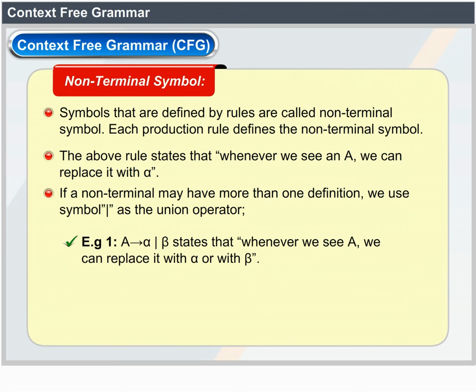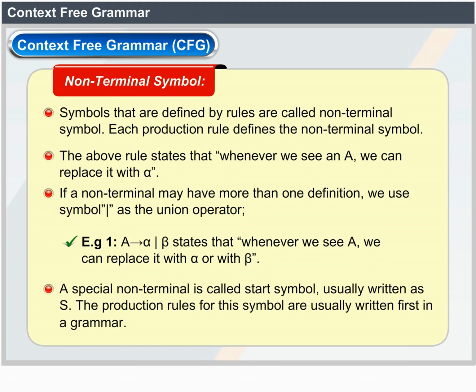Example 1. Small a implies alpha or beta. States that whenever we see capital A, we can replace it with alpha or with beta. A special non-terminal is called the start symbol, usually written as S. The production rules for this symbol are usually written first in a grammar.